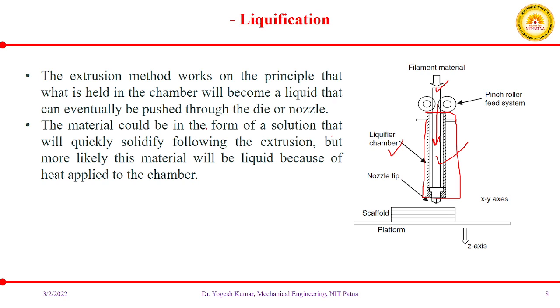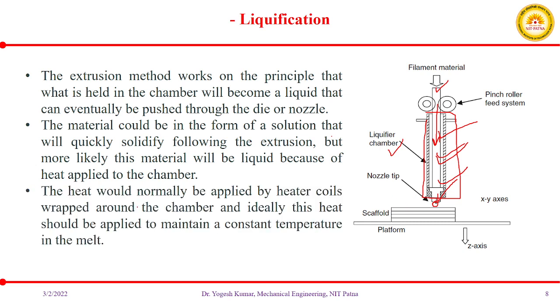The material could be in the form of a solution that will quickly solidify following the extrusion, but more likely this material will be liquid because of heat applied to the chamber. Since heat is applied to this chamber, your solid material is converted into semi-solid form, or you can say some liquid form, and it comes out of your nozzle tip. This is your nozzle tip. Depending upon the diameter of your nozzle tip, it comes out of your nozzle.